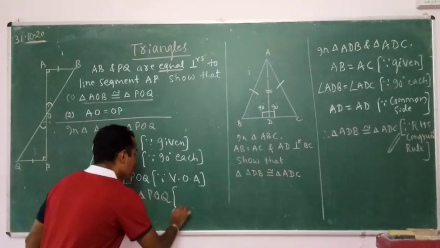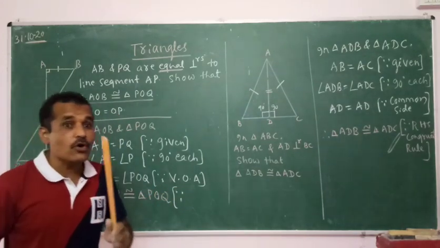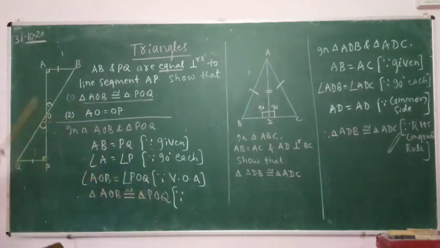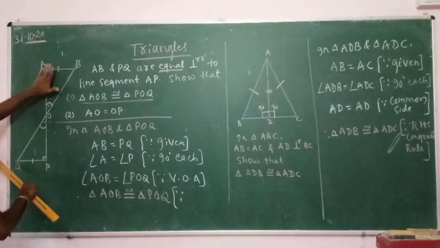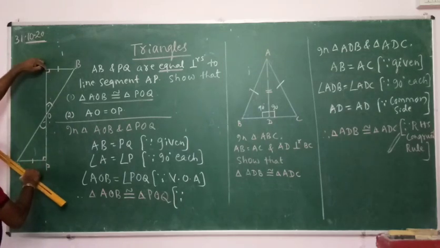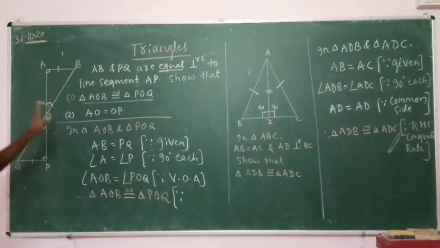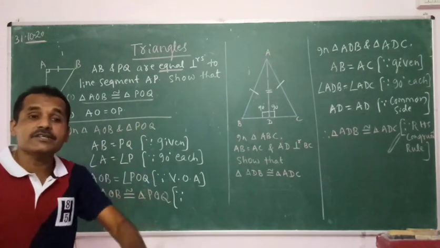Now the question comes: this is because of which congruence rule? For that, see only one triangle, the upper triangle. But this is not RHS. Don't think that whenever a right angle comes, it's always RHS.